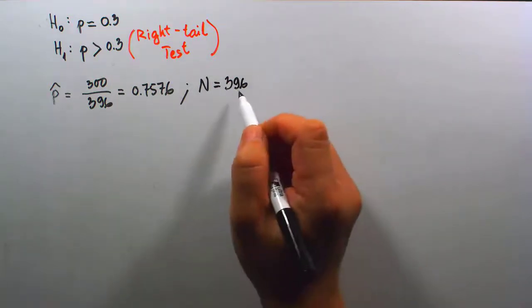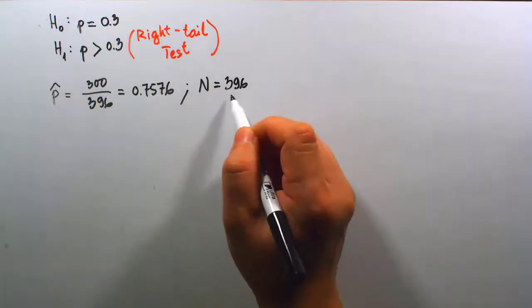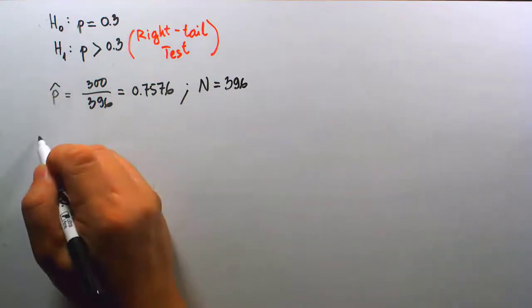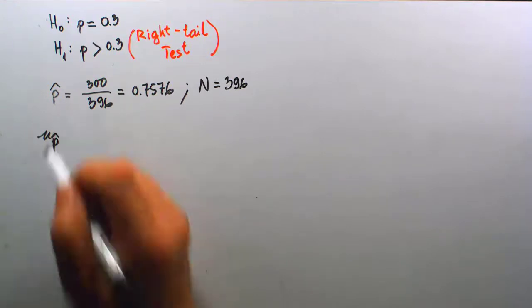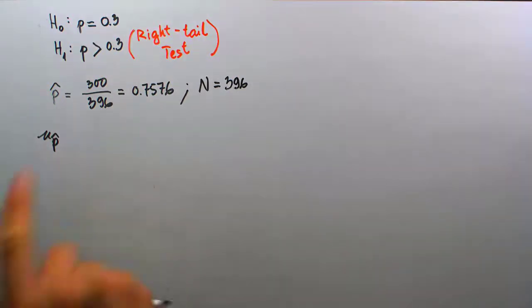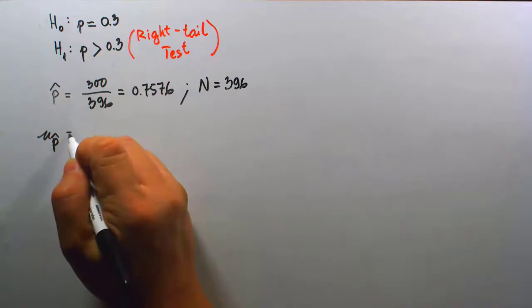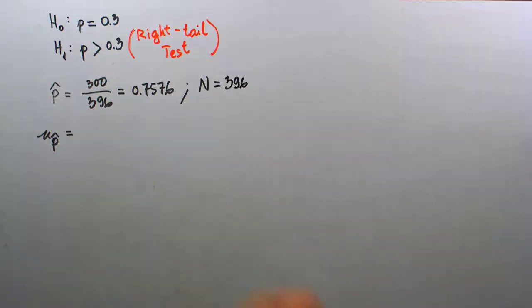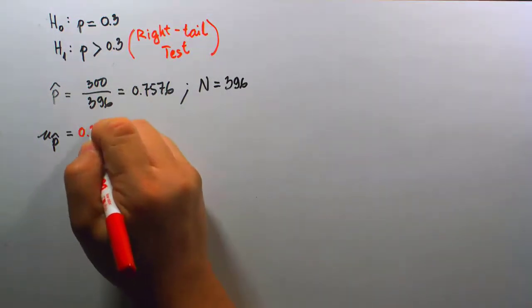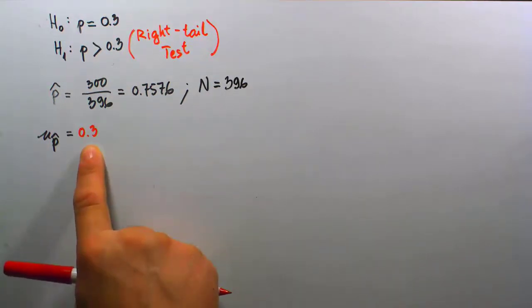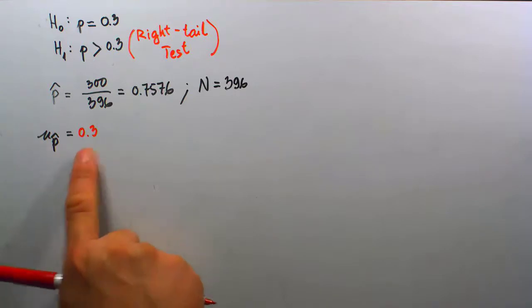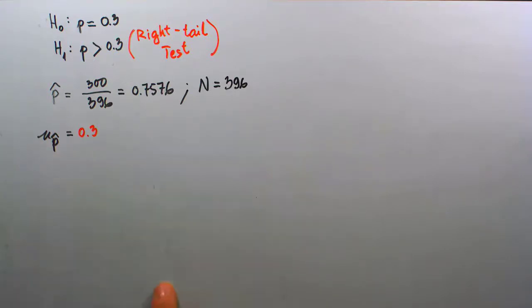Recall that mu p hat. Mu p hat in our case here is going to be 0.3. Allow me to show the explanation of why this mu p hat equals 0.3 at the very end, after we finish putting all the steps together.